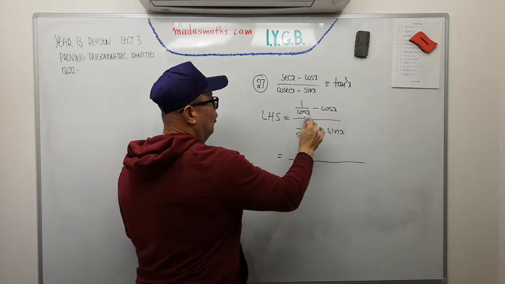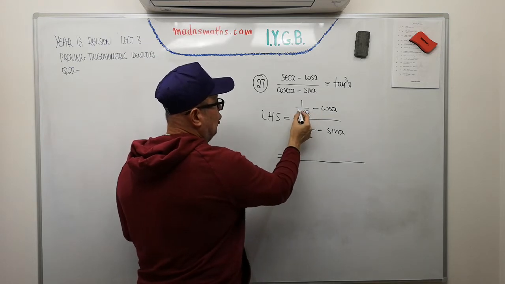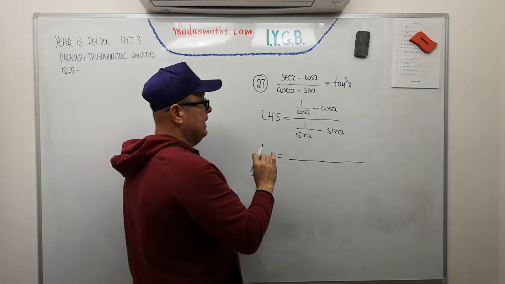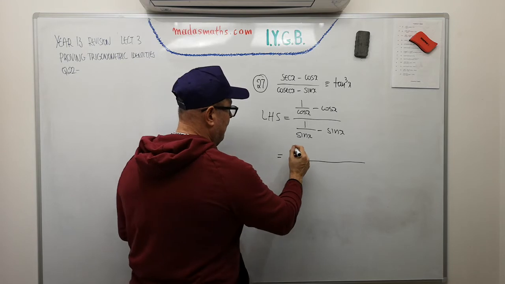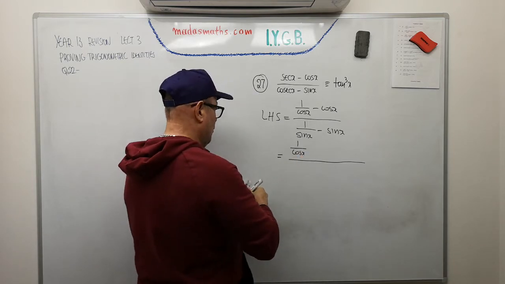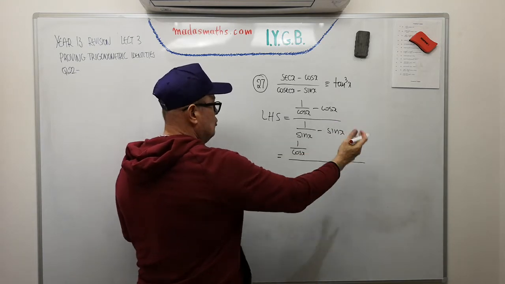I want to clear all of this. On the denominators within the double fraction, I've got cos and I've got sine. So in order to clear all the denominators, I need to multiply by the product cos x, sine x. I'm going to use a different color pen, and I'm going to put full workings for the benefit of everybody who's trying to follow this. Otherwise, you do something like that in your own time.